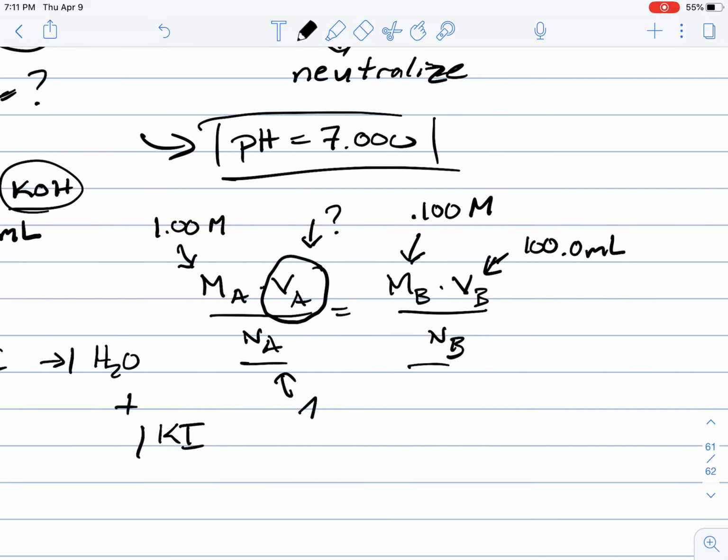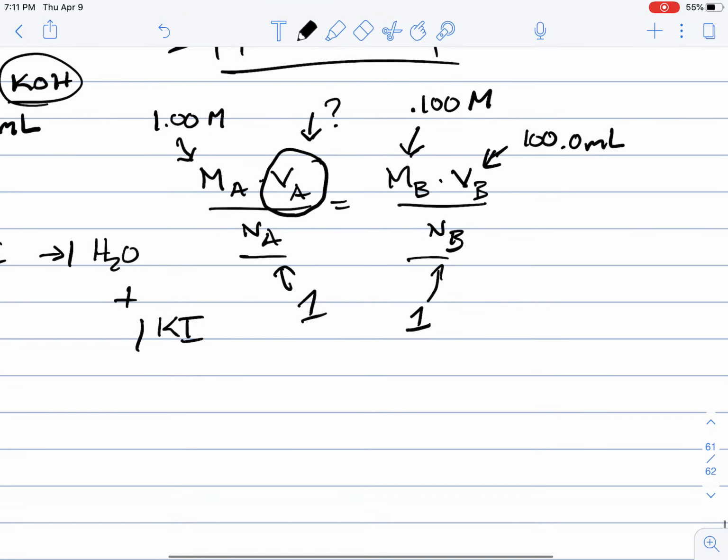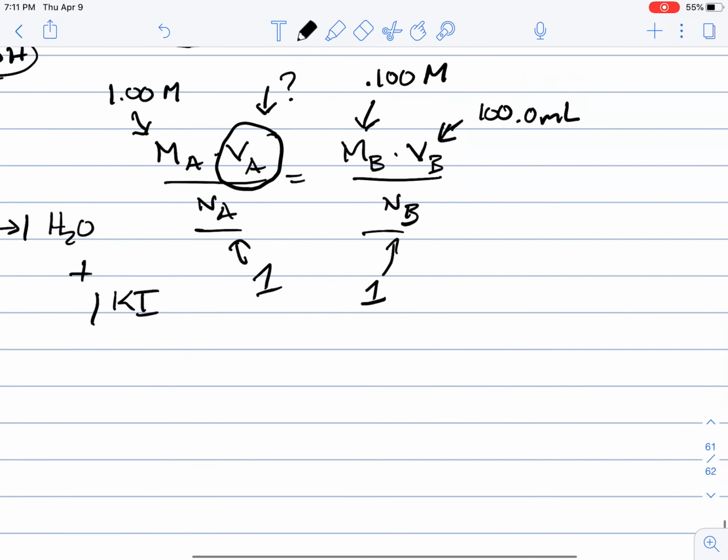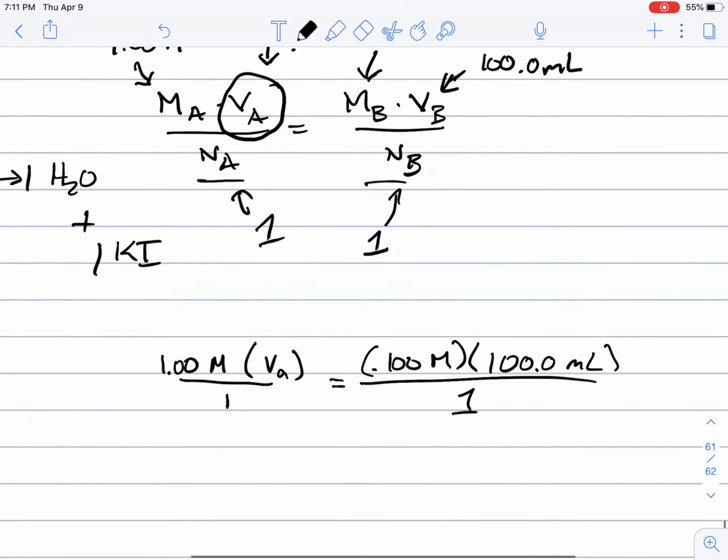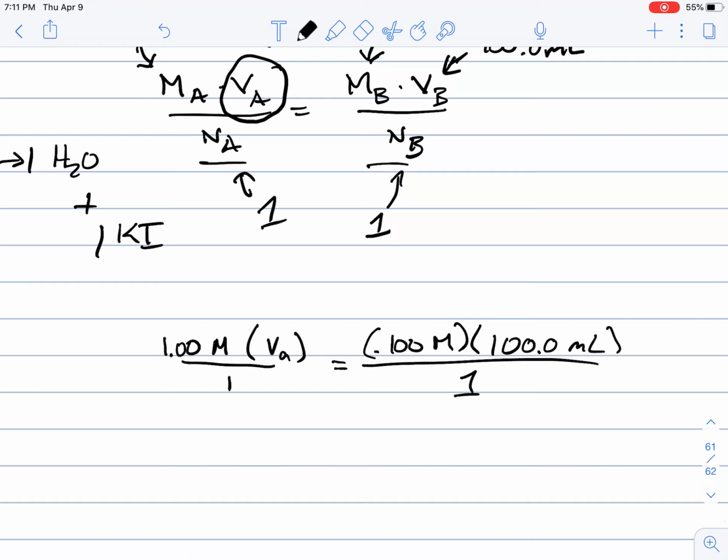So we're going to put 1, and we're going to put 1. And so if we clean up our work, we just get 1.00 molar VA over 1, equals 0.100 molar times 100 mils over 1. Okay. And so if you calculate all of this, this is just going to be 10 mils.